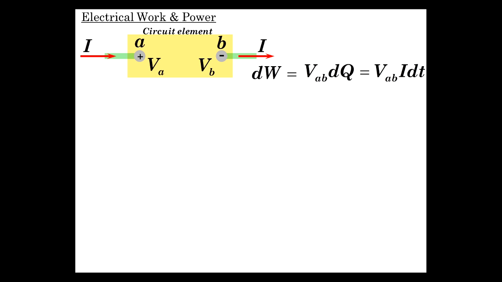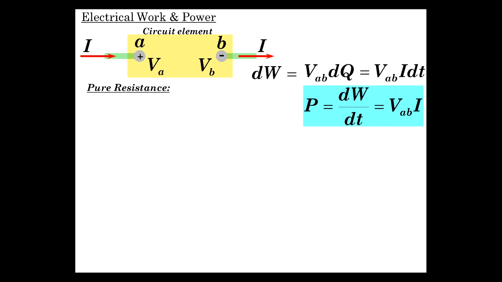So the amount of charge is the rate at which charge flows times differential time. So we transpose the differential into dt. Well, power is the rate at which work is done. So then just divide by dt and you get V_AB I. So we now have defined power as volts times current. Potential difference times the current flowing.